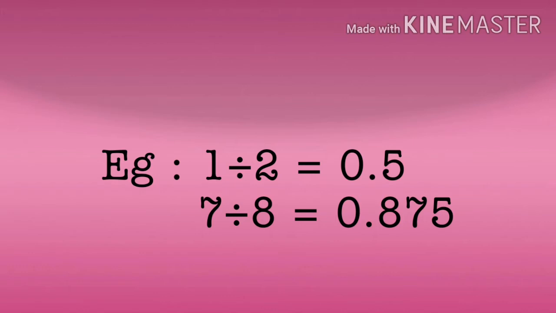So if you divide 1 by 2, the quotient, or your answer, is 0.5. And what about 7 divided by 8? 0.875. Take a paper and try to do that. Divide 7 by 8.